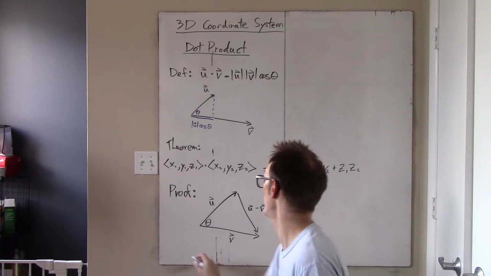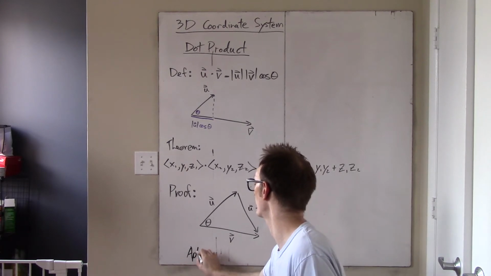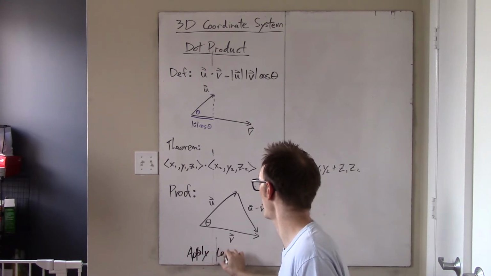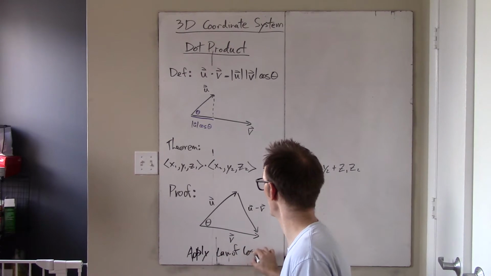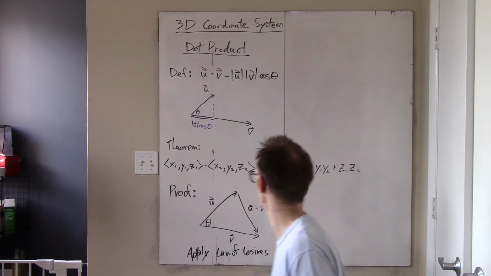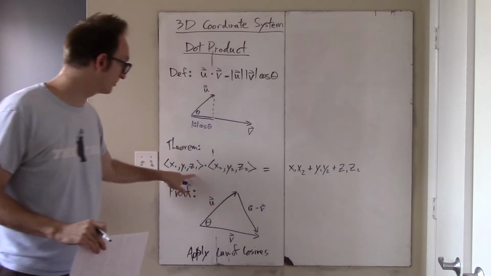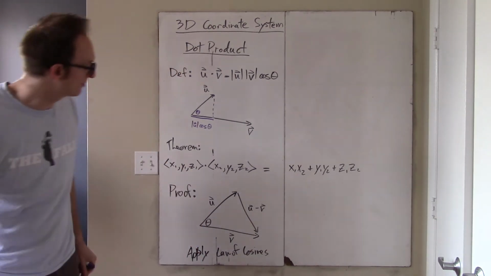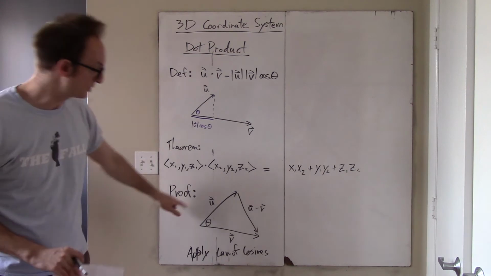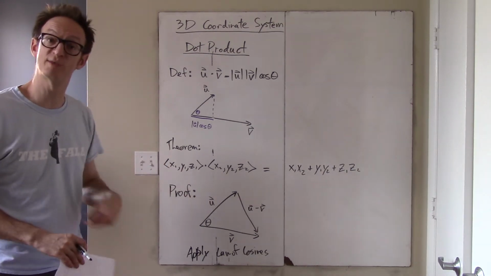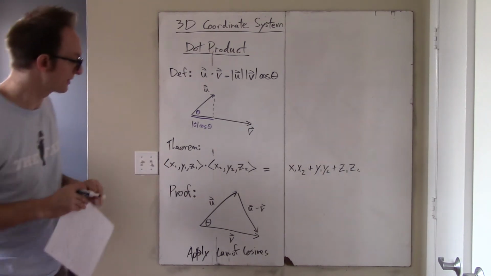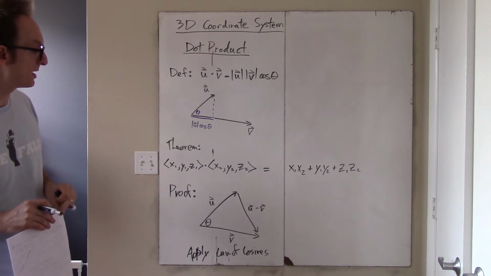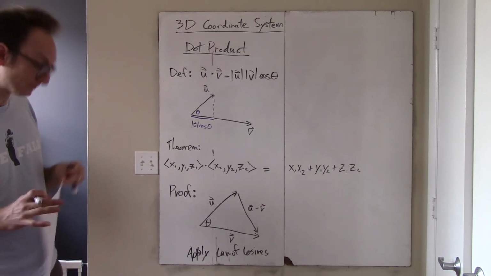And now you just apply the law of cosines to this triangle. You write out u in component form, you write out v in component form, you write out u minus v in component form, and you compute the magnitudes of all of those using the 3-dimensional Pythagorean theorem, and it all works out.